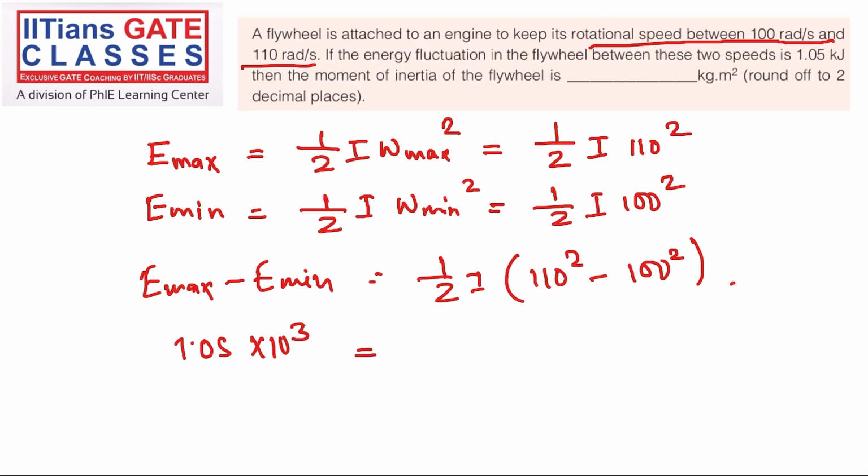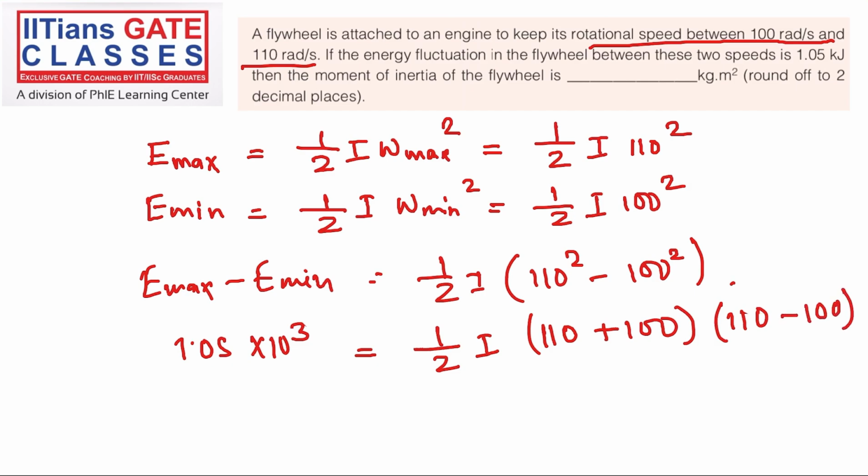So it is equal to half I times 110 square minus 100 square, which becomes 110 plus 100 into 110 minus 100, right? Simply, we can calculate this without a calculator.